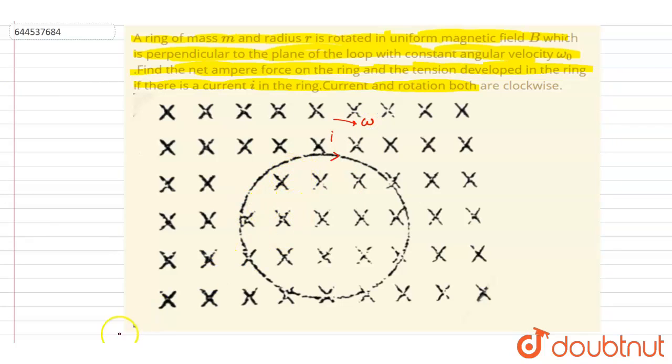Alright, so what we have to do, let us take a small element and see what is happening here.